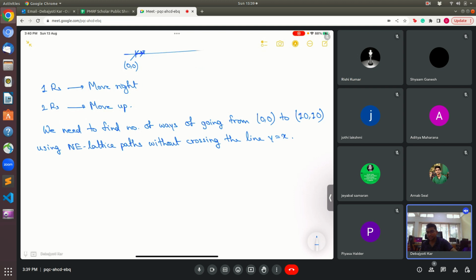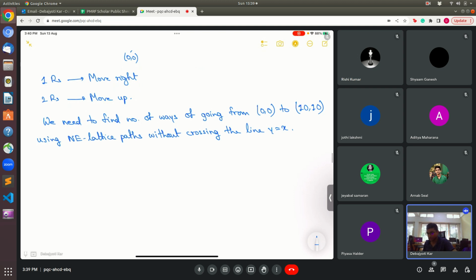Okay, and this is exactly C10, the 10th Catalan number.